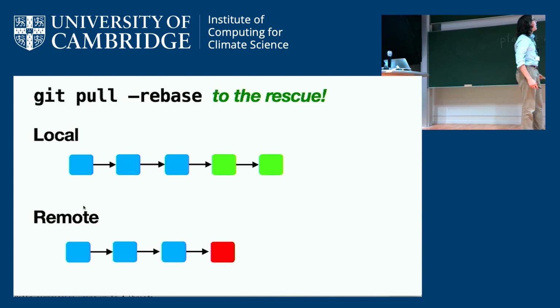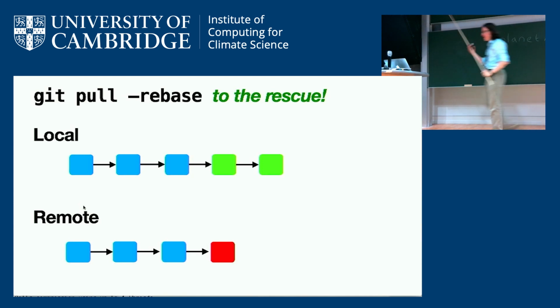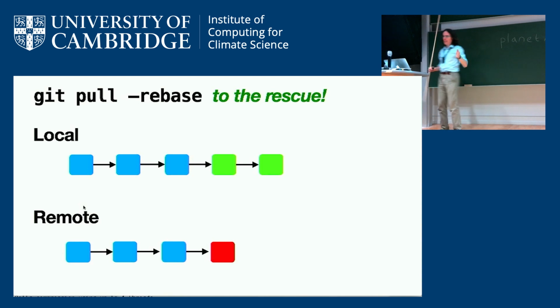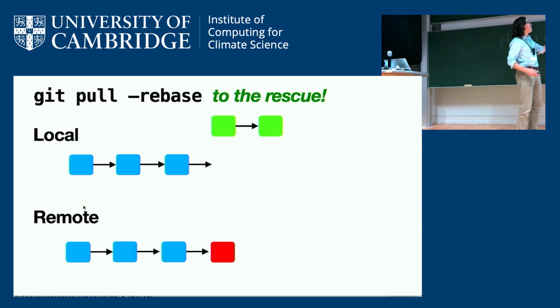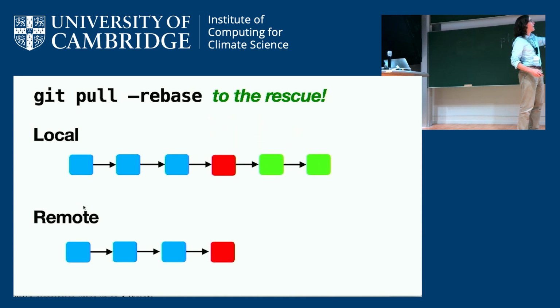Now, I can do this command here, git pull dash dash rebase, which is the same as doing git fetch, then git rebase. What that does is it moves my local commits out of the way, takes the remote commits and puts them at the tip of the branch, and then brings my commits back out and puts them on top, like this.